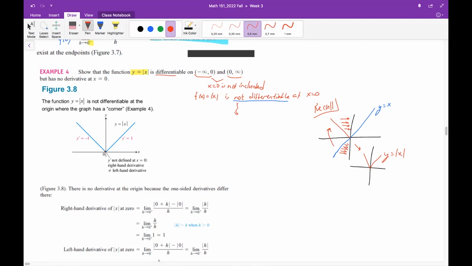And look at the origin here. Let me ask you, is this function continuous at the point 0? So f of x equals absolute value of x is in fact continuous at x equals 0. Why does this happen? Because you can easily look at the limit of this function as x goes to 0, and you can check whether it equals the defined value of the function or not.